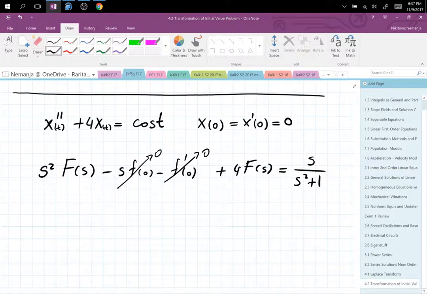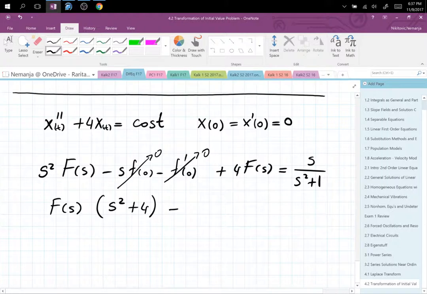So when I factor out F of s on the left-hand side, in parentheses I have s squared plus 4, and on the right-hand side I have s over s squared plus 1.